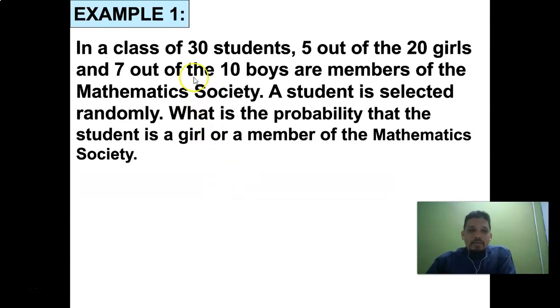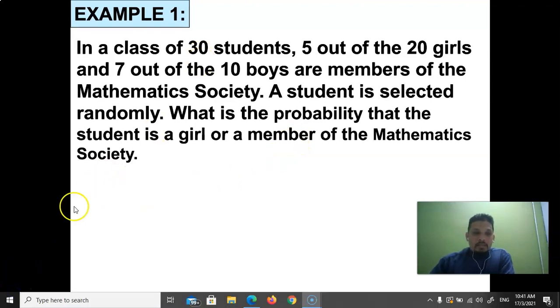Okay, so in a class of 30 students, 5 out of 20 girls and 7 out of 10 boys are members of the mathematics society. A student is selected randomly. What is the probability that the student is a girl or a member of the mathematics society? Now let's take out all the information.